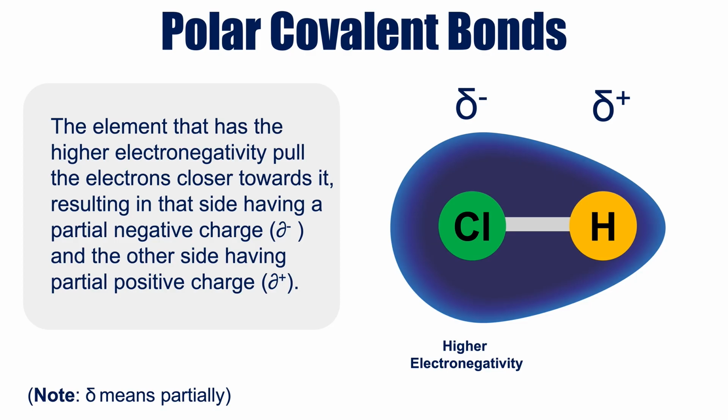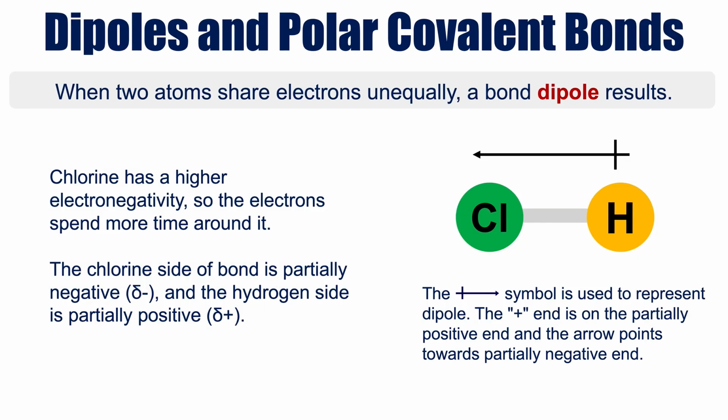That results in the chlorine side of the bond being partially negative, whereas the hydrogen side of the bond is partially positive. This idea that in a polar covalent bond, you have one side being partially negative and the other side being partially positive, results in what's called a dipole being formed.